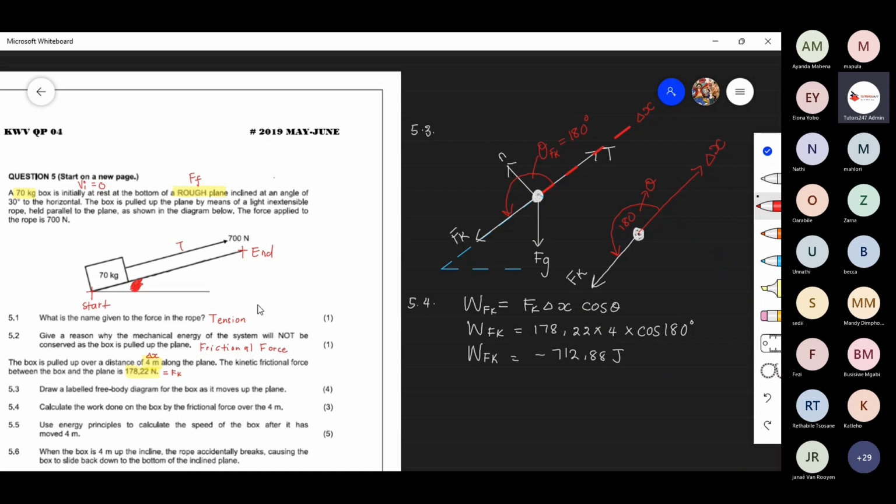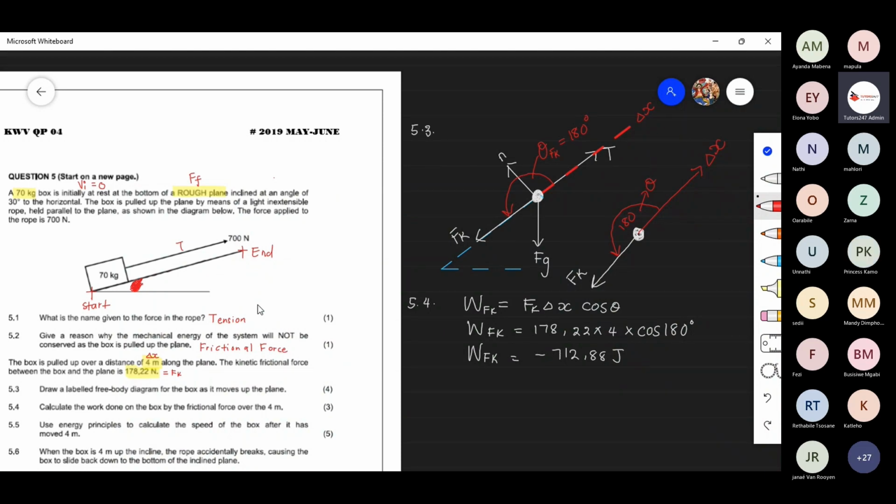When you're talking about FG, theta has a value of 120 degrees. Or if you prefer to go anti-clockwise, it'll be 360 minus 120, which will be 240 degrees. So depending on what force you were busy calculating for, your value of theta will differ.